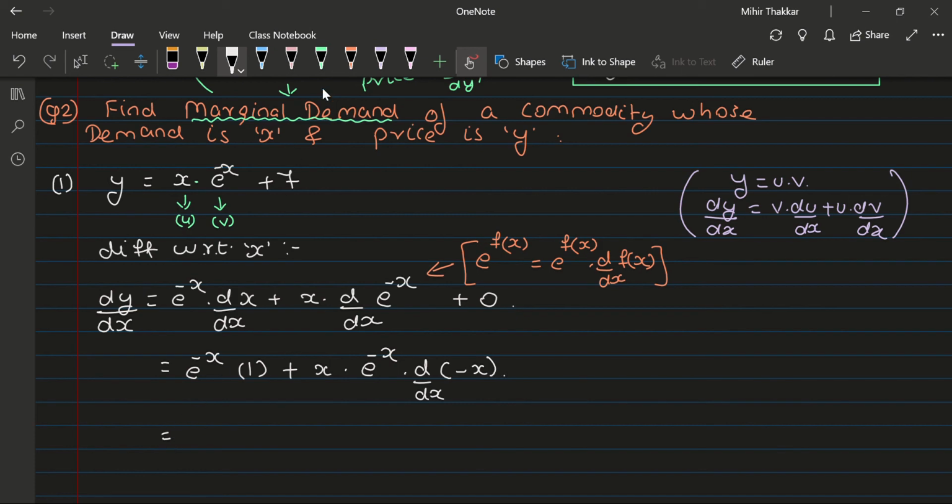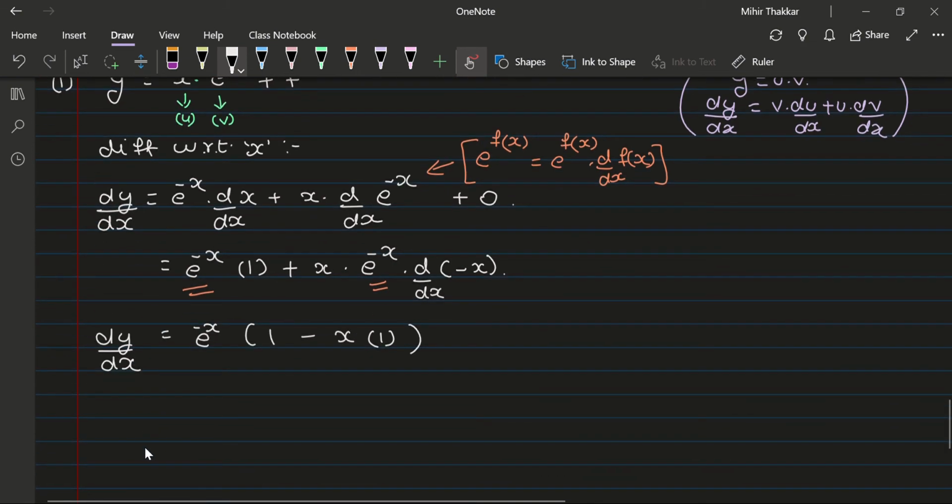Now you can observe guys, e raised to minus x is a common element over here. So I will get e raised to minus x, and 1 plus and minus will become minus x into 1, because derivative of minus x is minus 1. So that is your value of dy by dx: e raised to minus x into 1 minus x.